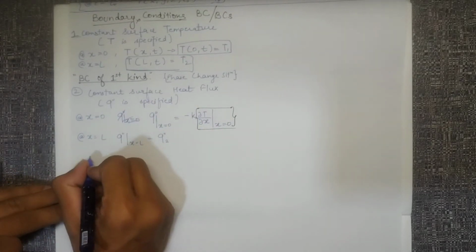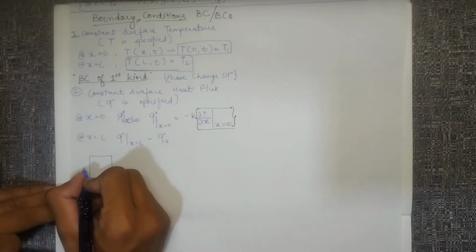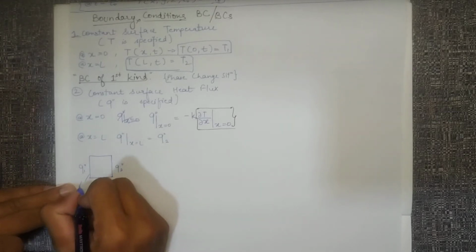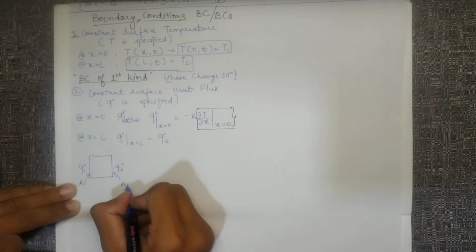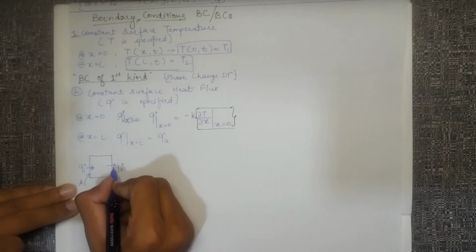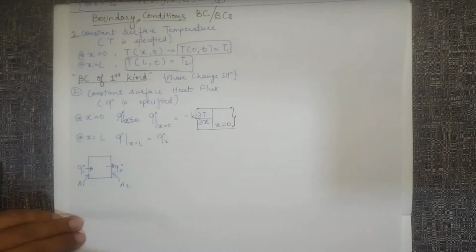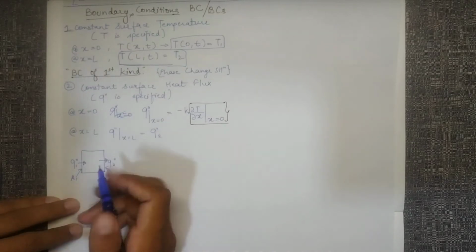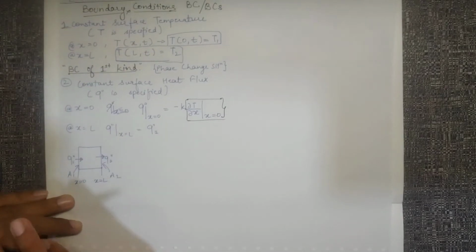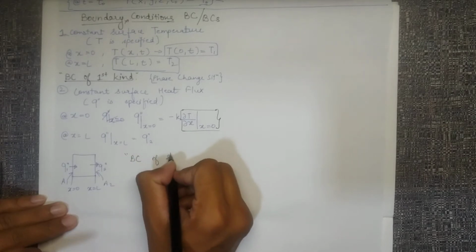It means that if I am given some wall which has q1 over here and q2 over here, this is area A1, this is area A2, my q1 which is entering from this surface is equal to q2 or some specified value which is entering or exiting from this surface. These are the two specified locations, x is equal to 0 and x is equal to L, and this boundary condition is also given a special name, which is called the boundary condition of the second kind.